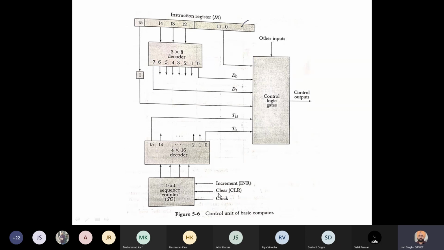When it receives next clock signal, it will generate 0001. On receiving of third clock signal, it will be generating 0010, and so on. Okay, and if clear signal is applied to this sequence counter, it will be reset. It will start generating signals from 0000. Okay.